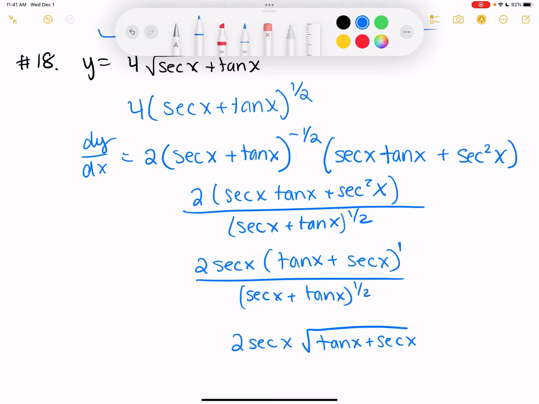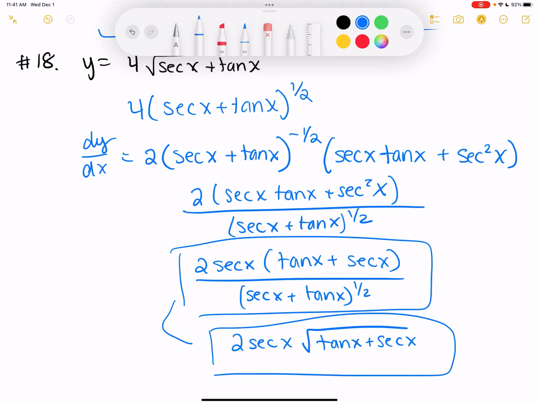So they write it this way. Either option is fine, here or here. Either one I would accept if you did that. It doesn't matter. But just so you know, if your answer doesn't look exactly like the book, it's probably because they went a little bit farther in simplifying or didn't go as far, depending on the problem. Because for some reason, sometimes they do that.